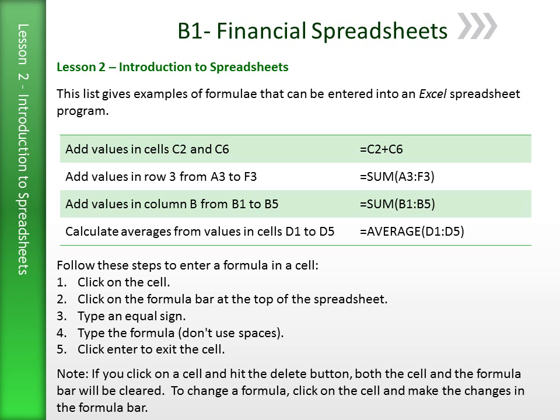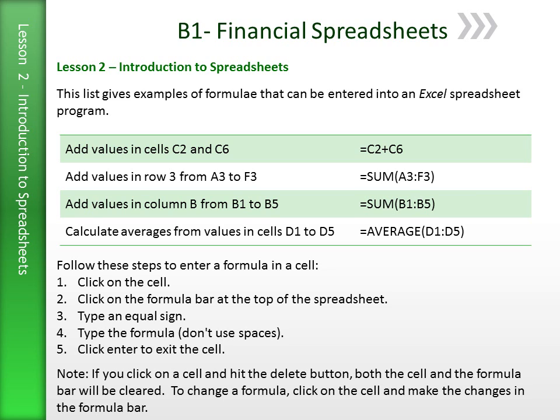If we wanted to add the values in row 3 from A3 to F3, we could type in equals A3 plus B3 plus C3 plus D3 plus E3 plus F3, but Excel has a built-in function for sum, and we could just type in equals SUM, bracket, A3 colon F3, close bracket.